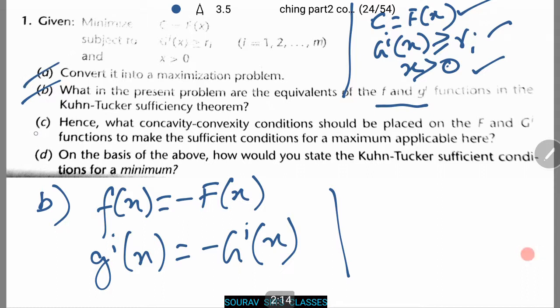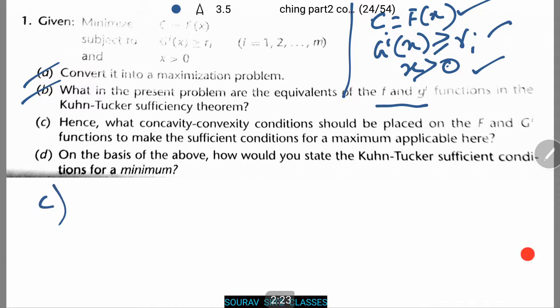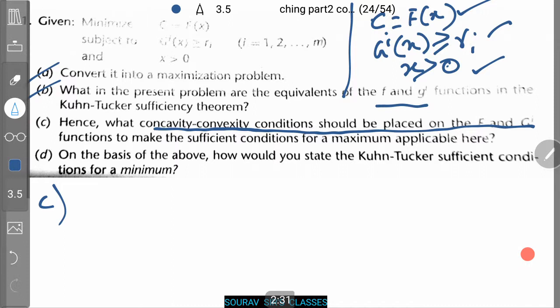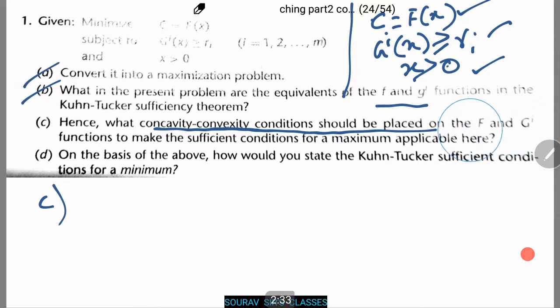Now we move on to question number C. Please read the question because you might not be able to follow me. In this question, I will explain what concavity and convexity conditions should be placed on f and g^i. Since you can question the entire thing, I am making it clear out here.